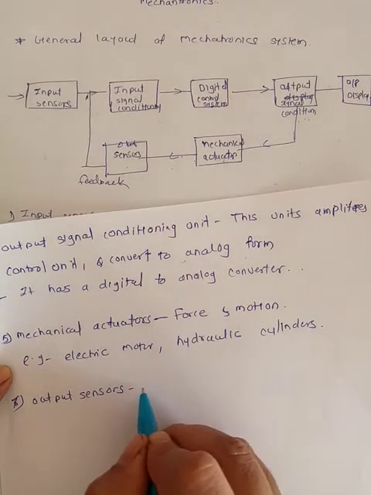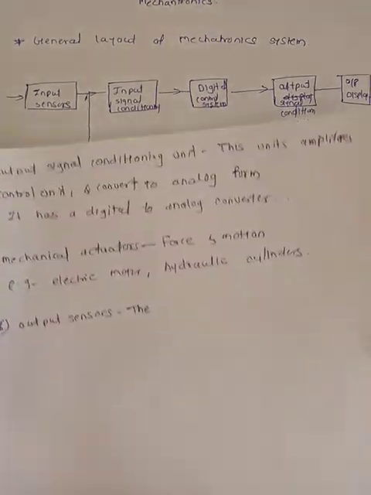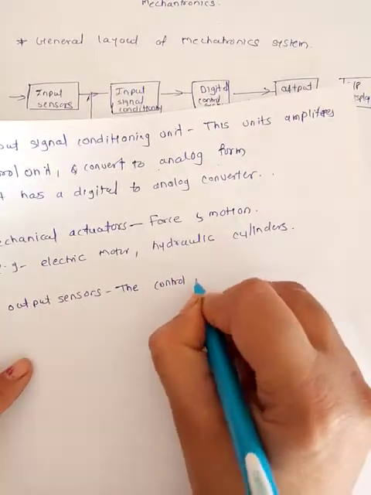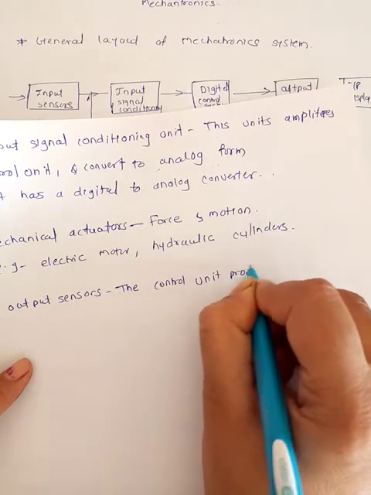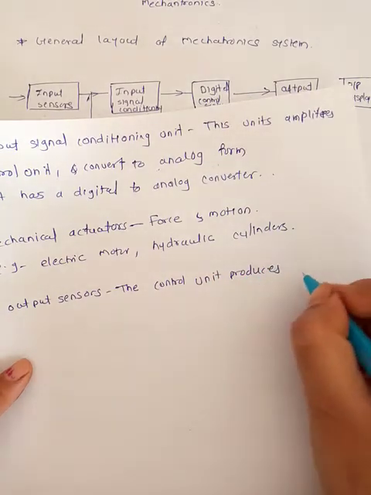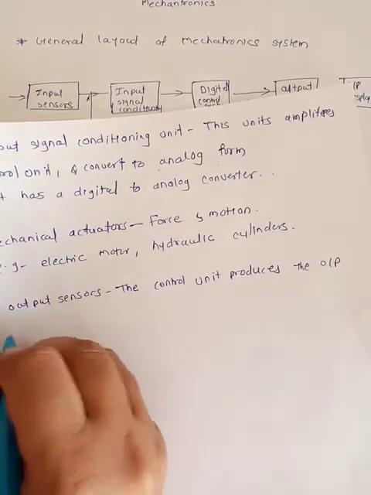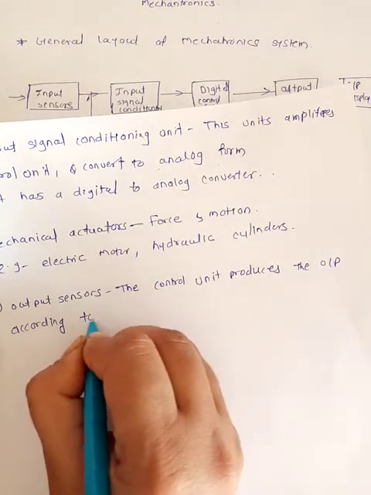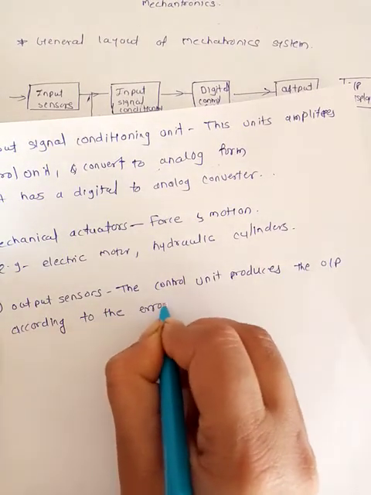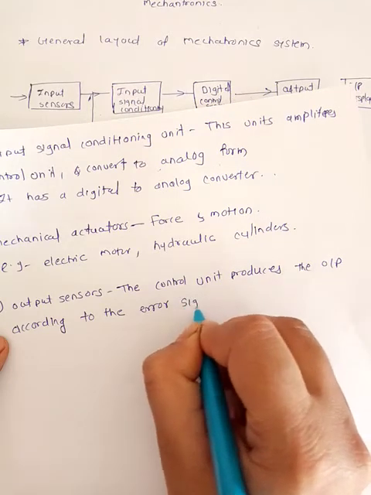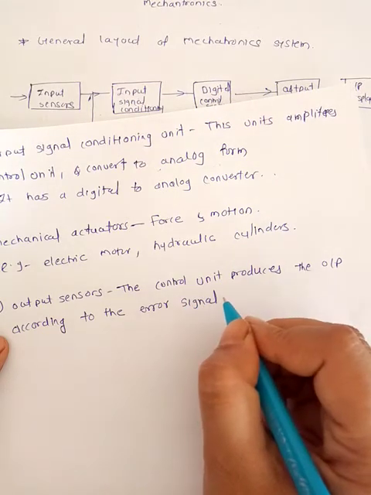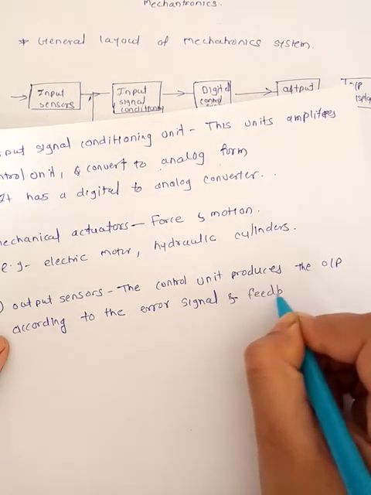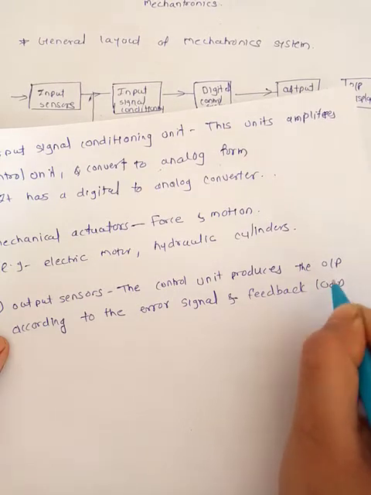Okay, the output sensor. The control unit produces the output according to the error signal, and hence the feedback loop is completed.